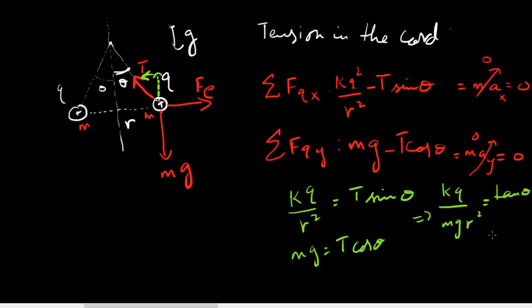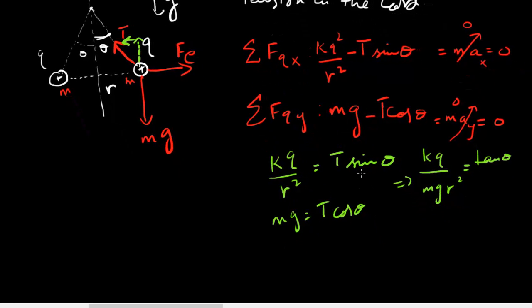What we did was take this side and divide it by mg, so the tensions cancel, and sine theta over cosine theta becomes tangent theta. Then this gives you theta, and once you know theta, you can plug it back somewhere and find T. This problem can only have two unknowns because you can only have two equations.